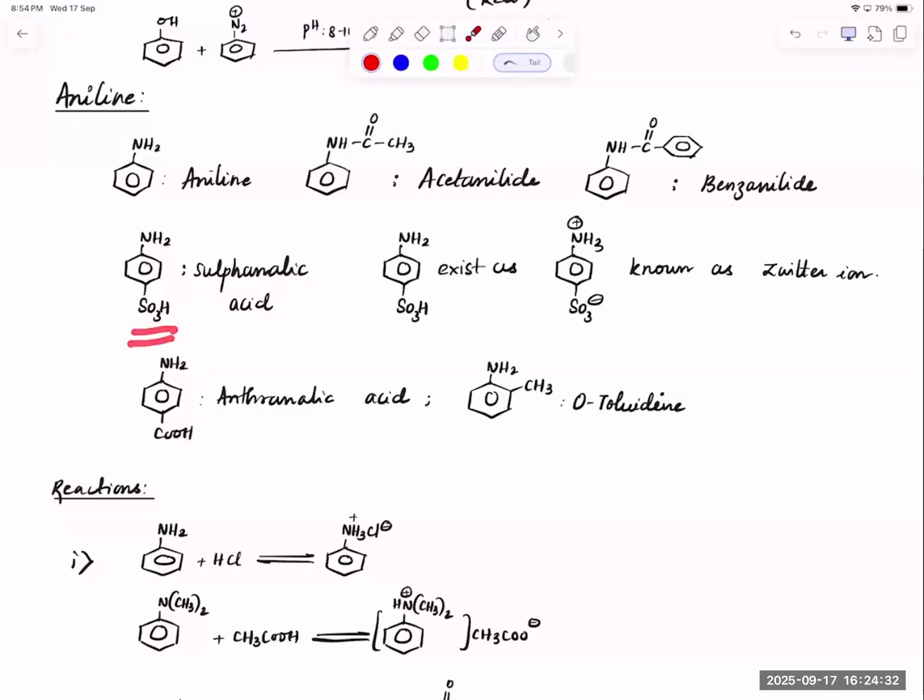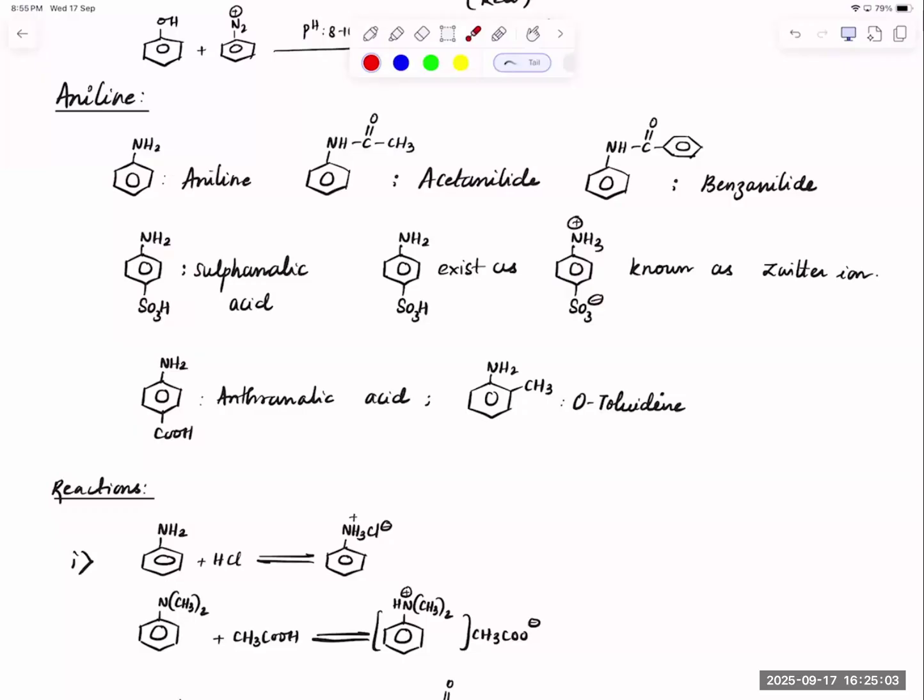Usually, sulfanilic acid exists always as, because internally you have a base, internally you have an acid. So the base can take H plus from here internally and convert into NH3 plus and SO3 minus. So instead of existing in this form, sulfanilic acid usually exists in this form, and this form is called Zwitter ion. If a molecule internally has positive charge and negative charge together existing, okay, like an ionic compound, then that is called as Zwitter ion.